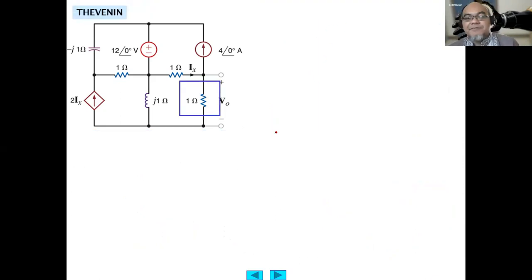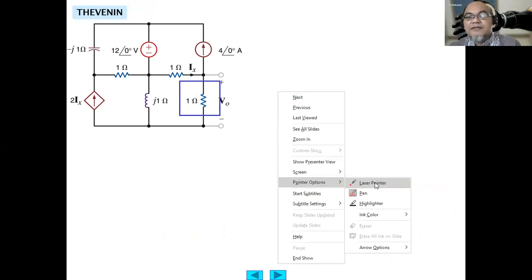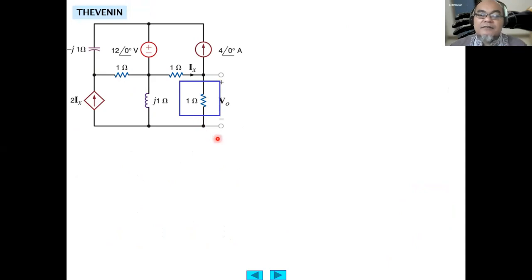Now let's try using Thevenin's theorem. The variable of interest is the V output here. We need to replace the whole remaining circuit with a Thevenin equivalent source in series with a Thevenin equivalent resistance.